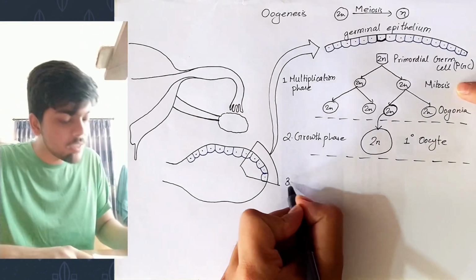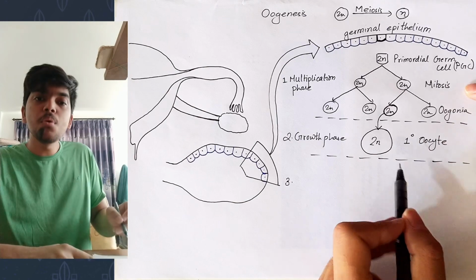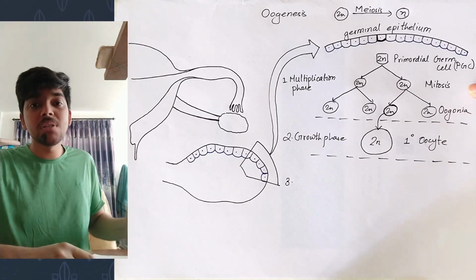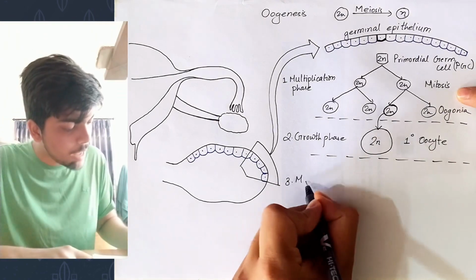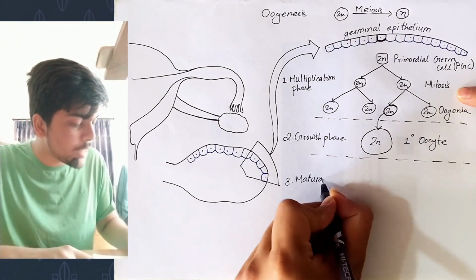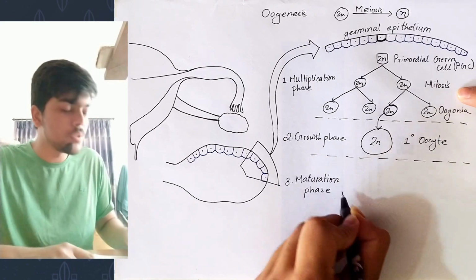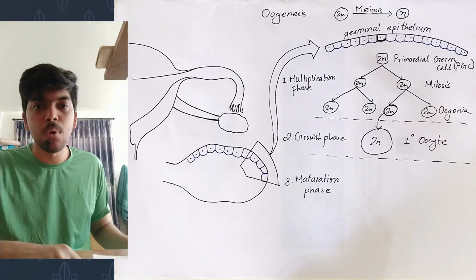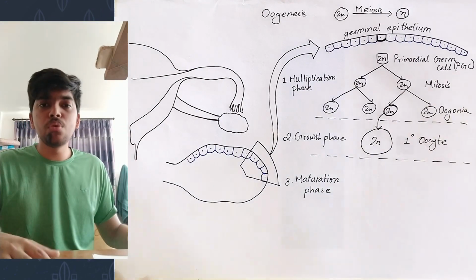And this phase of the maturation of diploid primary oocyte into haploid egg by the process of meiosis is called maturation phase. So what occurs in maturation phase? In maturation phase, the diploid primary oocyte matures into haploid egg. The process that it goes through is meiosis.